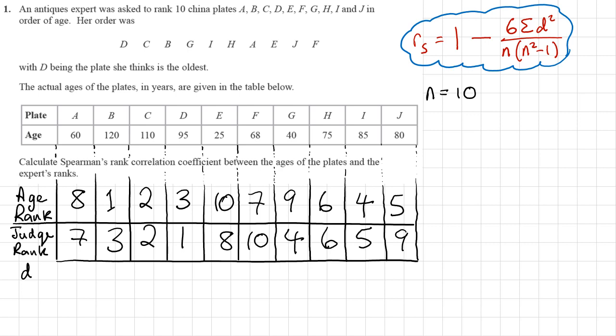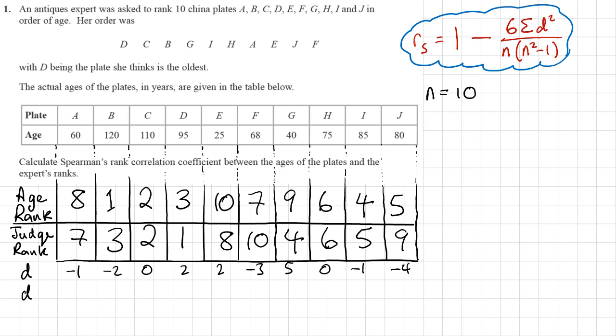So now we'll work out d, the difference between their ranks, the actual age rank and the judge's rank. So we've got -1, -2, 0, 2, 2, -3, 5, 0, -1, -4.